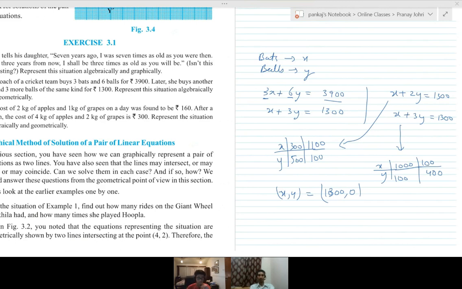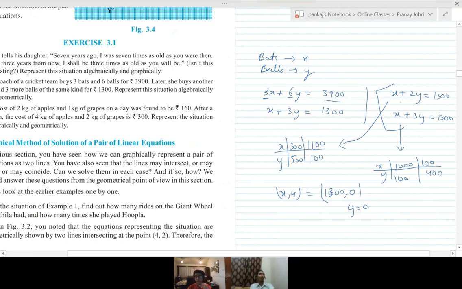Can you tell me why it is so, just by looking at this? A hint: what's the value of y here? 0.